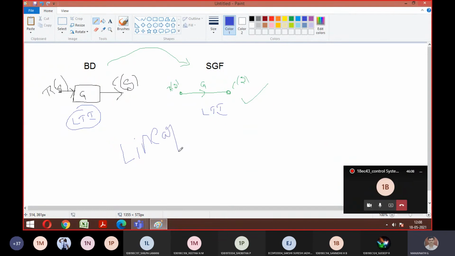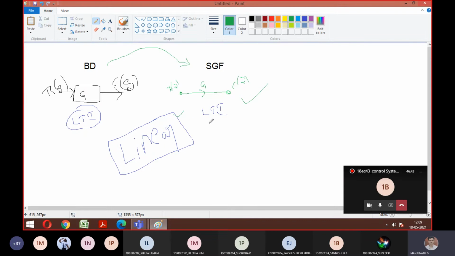Do you remember? What is the meaning of a linear network? The same logic applies here also. What is the meaning of the word linear? Linear means straight or constant.